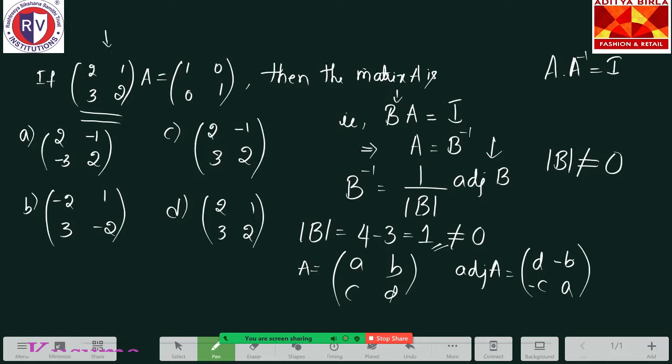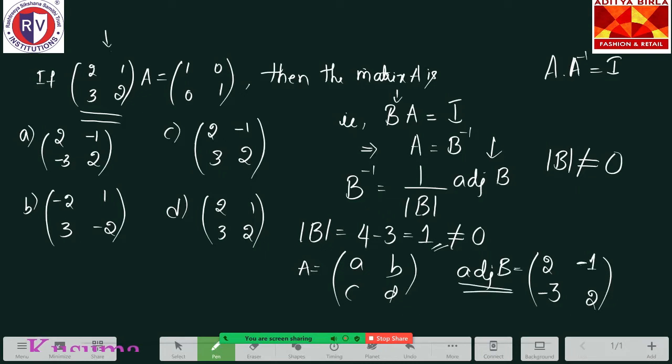So looking at this, let us write down the adjoint of B here. Both the principal diagonal elements are the same, so even interchanging will not change the principal diagonal. Here in the off diagonal we have 1, so we should get a minus 1 in the adjoint, and there it is 3, so we should get a minus 3 here. So this will be the adjoint of B.